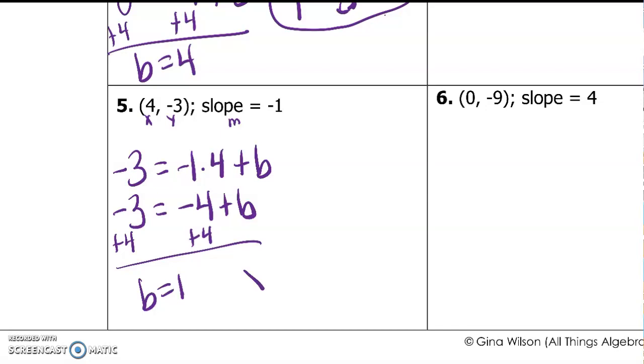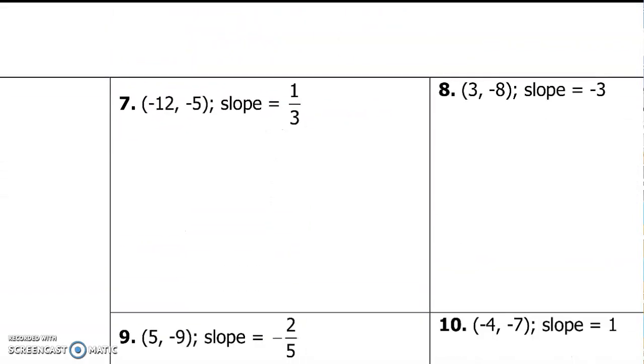So our final equation, y equals, slope is -1, so just -x plus our b, which is 1. The nice thing is it's the same steps every time, just as long as you know how to start. Whenever you feel comfortable, you can pause and then come back and check your answers.